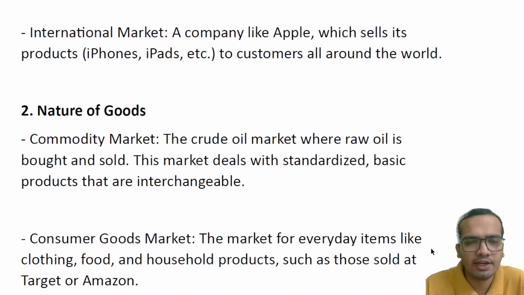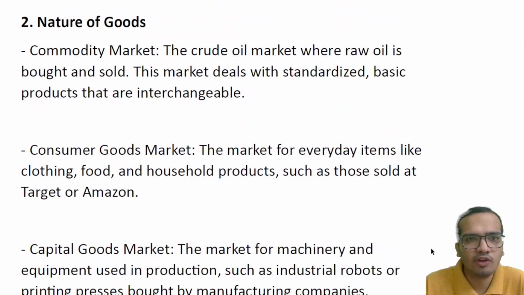Now comes the second category, that is based on nature of goods. In that, first one is the commodity market. So the crude oil market where raw oil is bought and sold. This market deals with standardized basic products that are interchangeable.